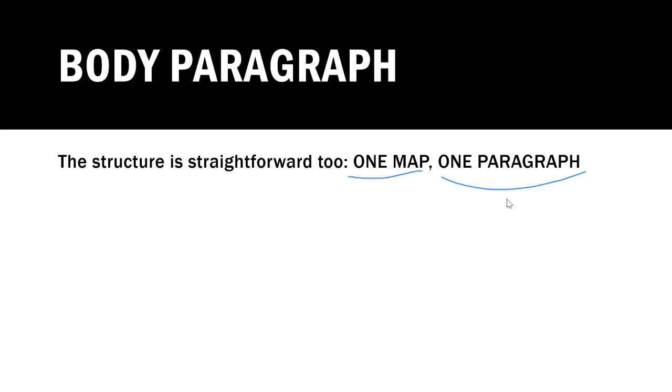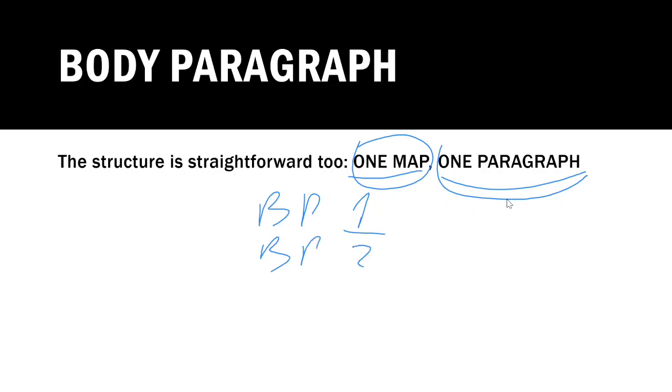Just the first map, summarize it, describe it in your body paragraph 1, then body paragraph 2 for the second map. It is your tenses in body paragraph 2 that will show a reference to what you have described in paragraph 1.